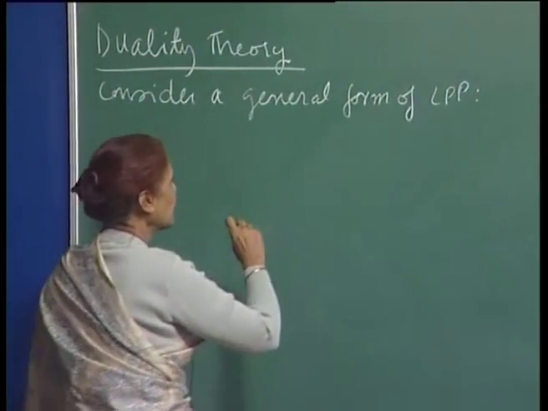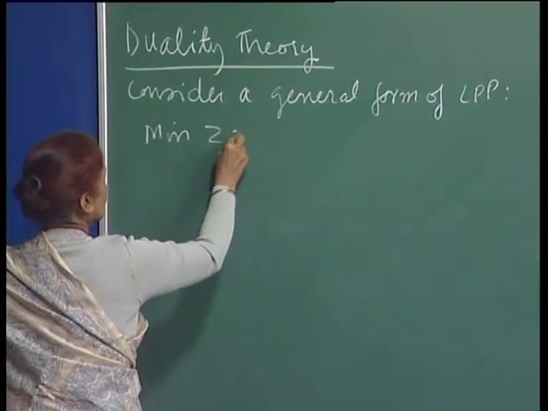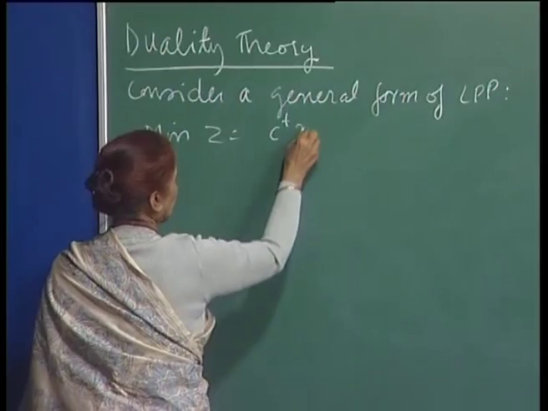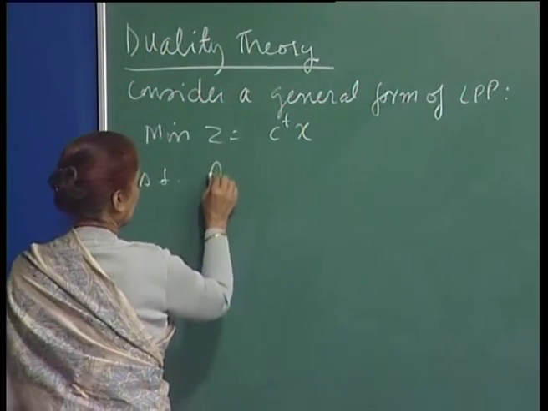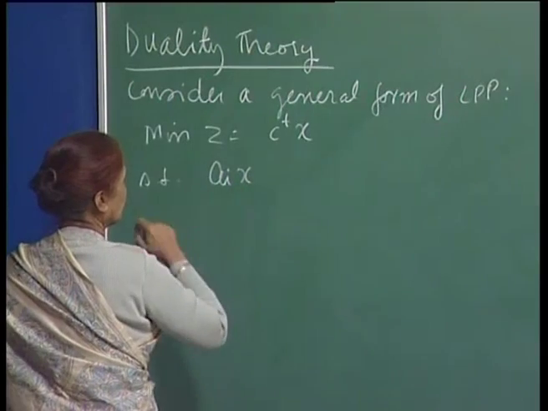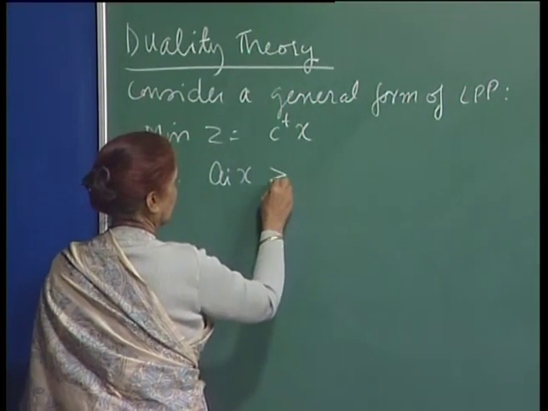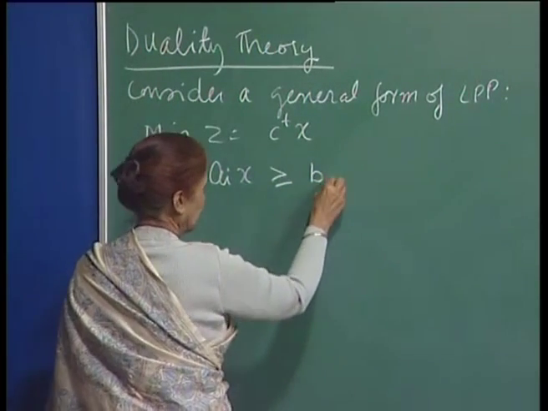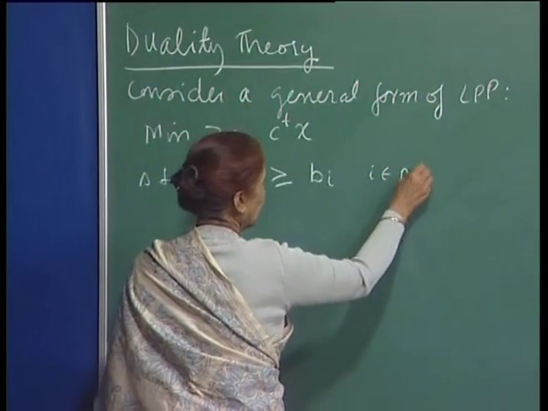The general form would be: minimize z equal to c transpose x subject to a_i x greater than or equal to b_i, where i belongs to M. I will explain in a minute.